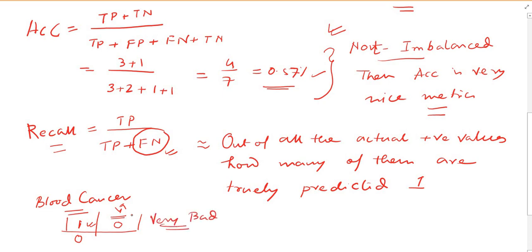Why? Because that means the person is actually having a blood cancer, but your model is saying, okay, no, you do not have a blood cancer. So then it's a problem, right? Because the person might get infected. But on the contrary, if the person does not have a blood cancer, but the model probably predicted blood cancer, okay, the person can go and take another opinion.